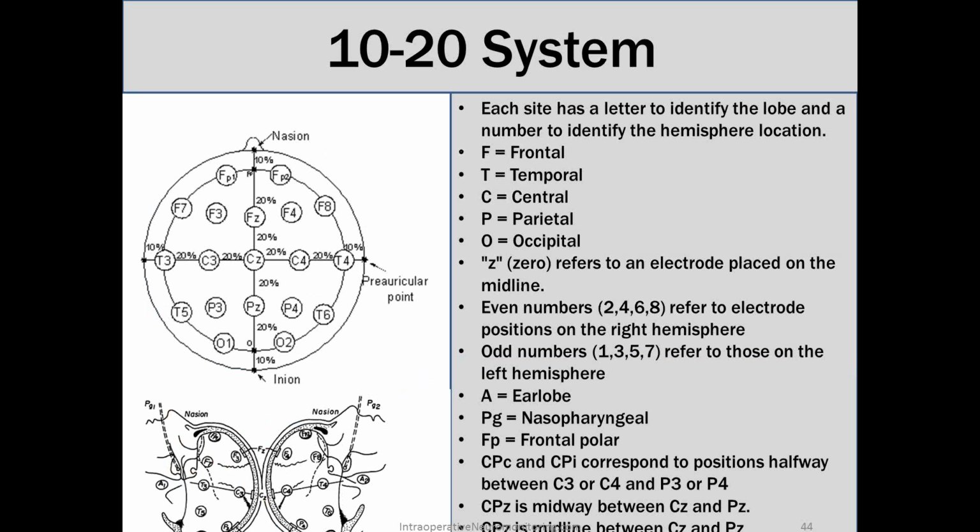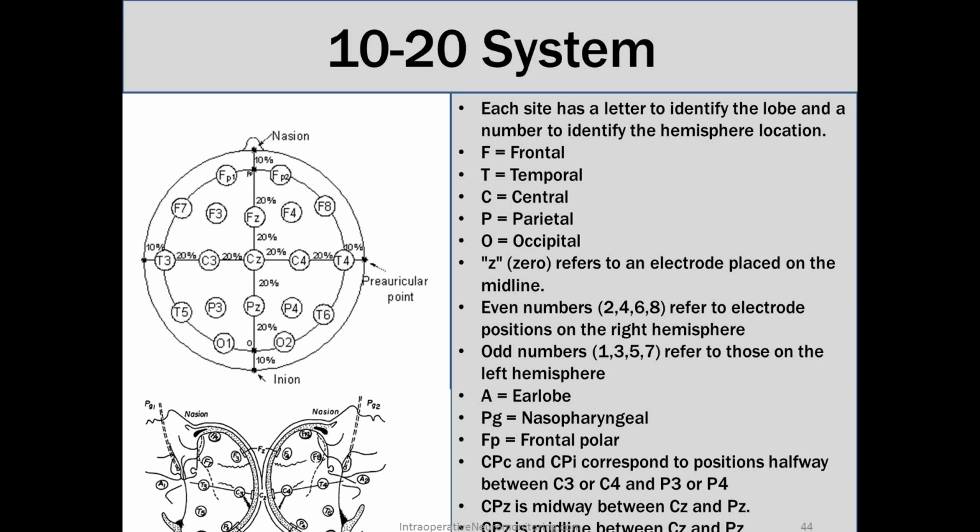All right, if we look at the International 10-20 system, this is definitely something you need to know. I remember a handful of questions coming from this, and you can use this chart right here, or the pictures and these numeric values, to help figure things out. So you definitely got to know the nomenclature. Each electrode has a letter to identify the lobe and a number to identify the hemisphere location.